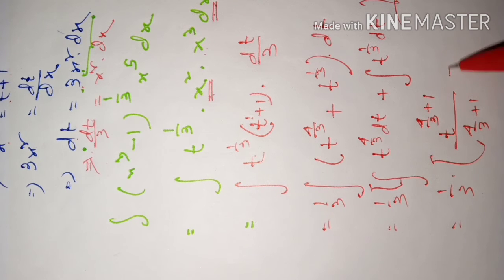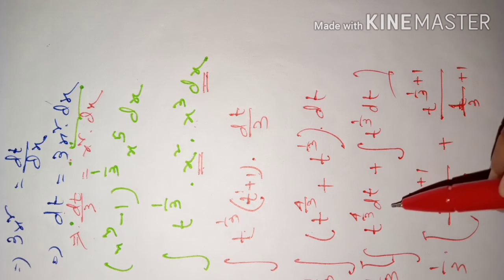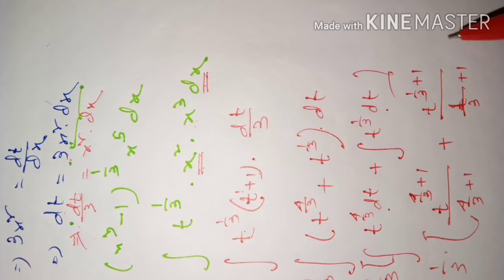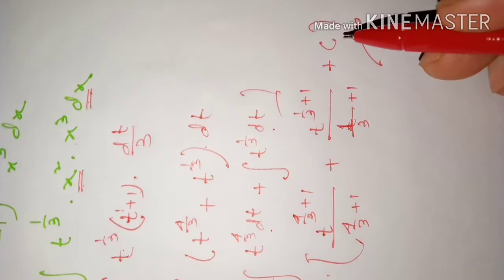Then for this also t to the power of 1 by 3 plus 1 divided by 1 by 3 plus 1. Here we get constants c1 and c2, so at the end you will get a constant c from both. Together it is the sum of two constants.